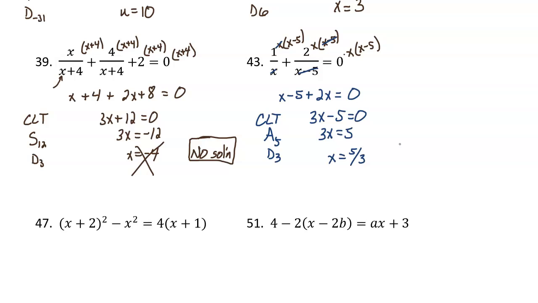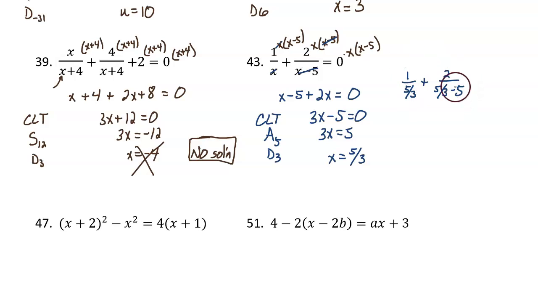Let's check and make sure that plugging in 5/3 actually works and that 5/3 is not a restricted value. It's okay to put 5/3 here because that does not make a 0 in the denominator. And it's okay to plug in 5/3 here because 5/3 minus 5 is also not a 0 in the denominator. We can take our check beyond that by actually working out the left side to guarantee that we really get a 0. 1 over 5/3 plus 2 over 5/3 minus 5.